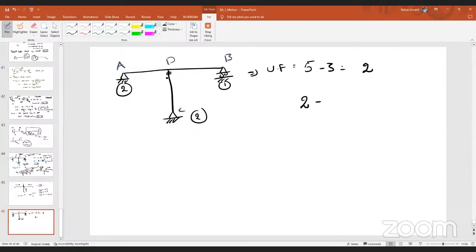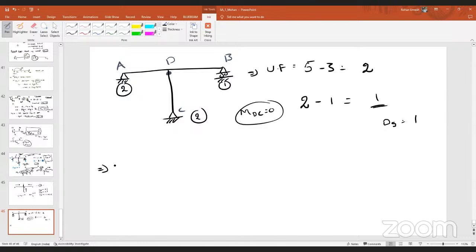Why? What is that one additional equation? MDC is equal to 0. Is it right? So only one additional equation. So what is the indeterminacy? Indeterminacy is equal to 1. Clear?